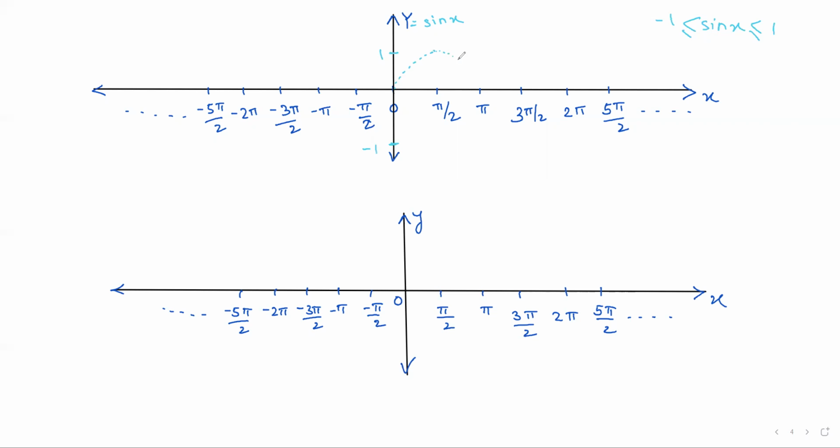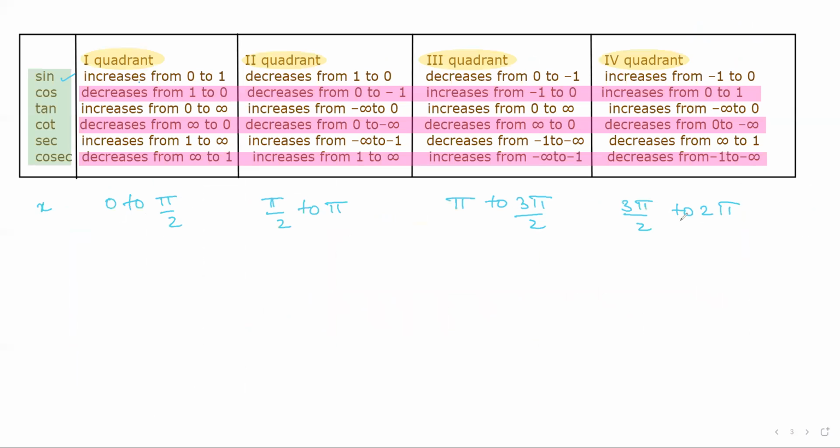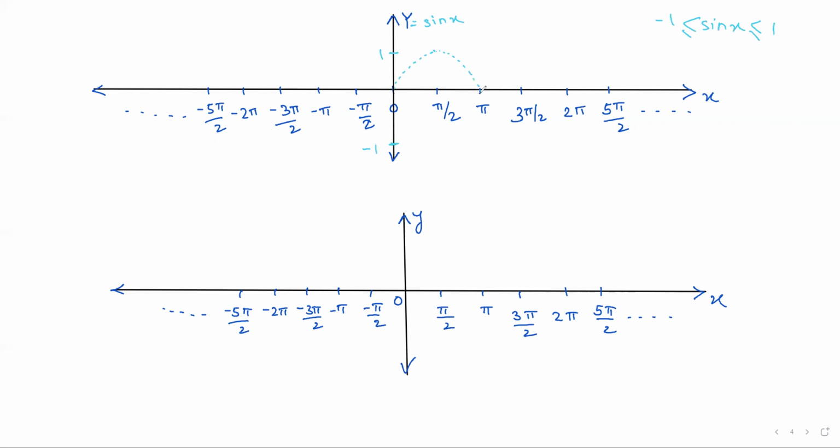It further decreases from 0 to -1, and in the fourth quadrant, it further increases from -1 to 0. This process repeats itself. So you'll again get this kind of wave structure. This is called a wave structure.